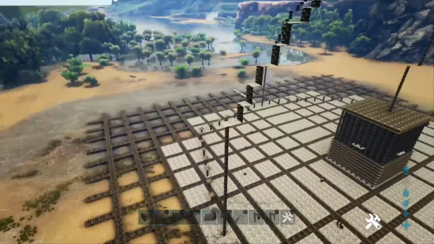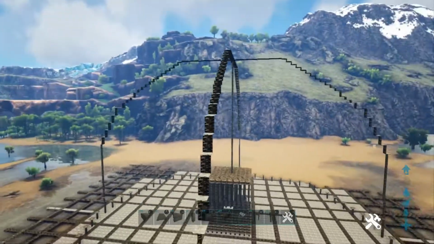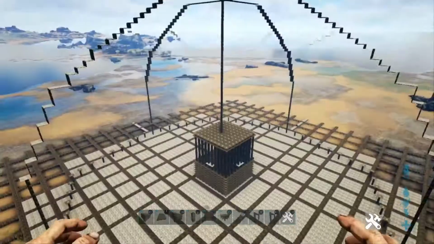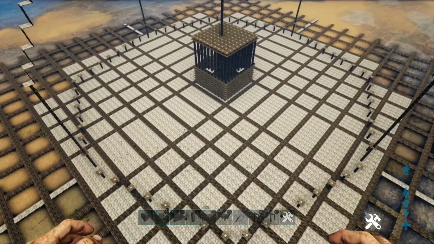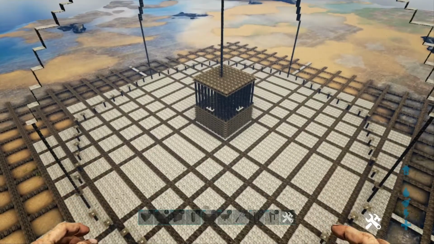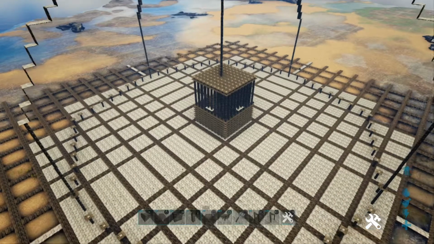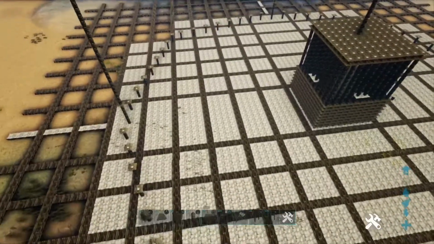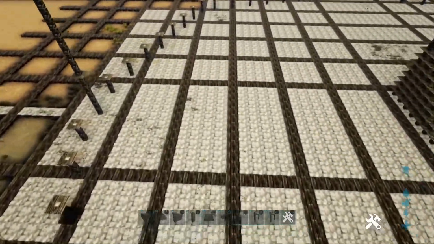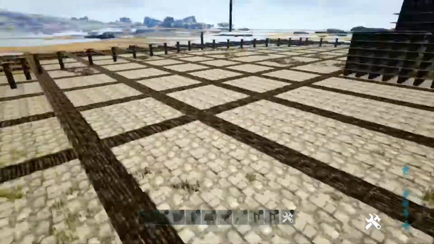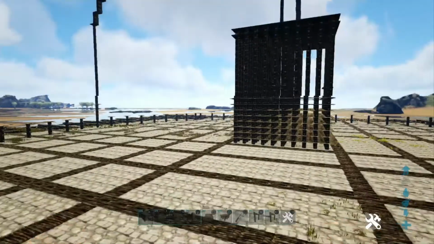The last thing I'll point out is a method I've used a lot, and it's the destruct and rebuild. Basically, if you've got this one side and you need to put walls all the way down one side of that center structure, but you're at your structure limit, what you can do is back off to the far edge around the 33 mark and start destroying structures in that area, enough to allow you to build the wall in the center.